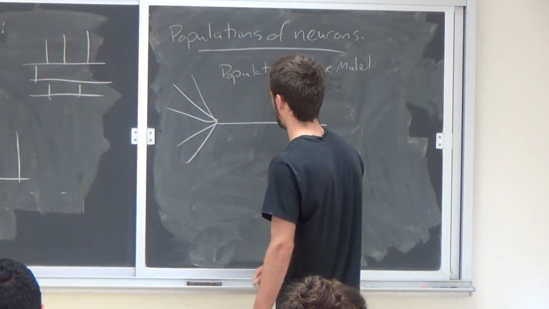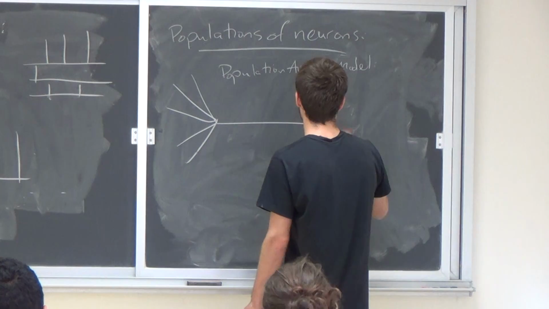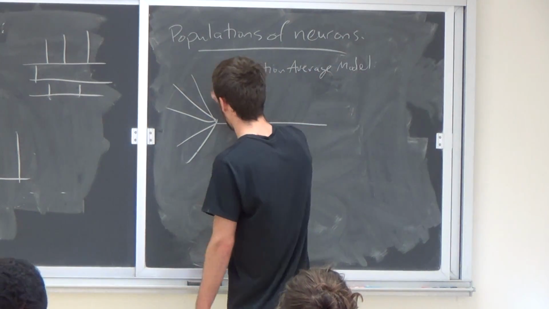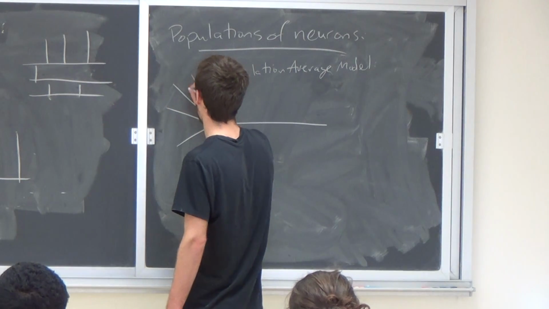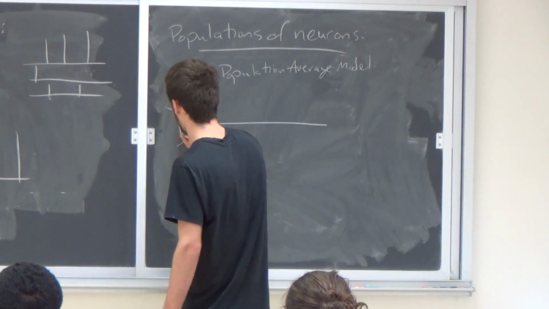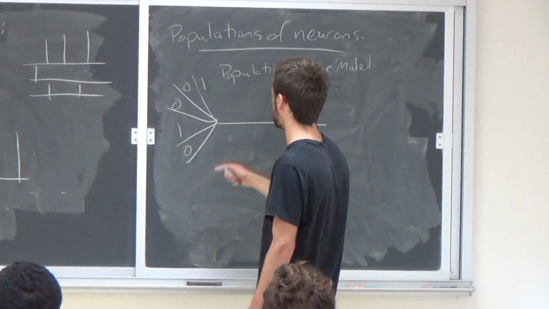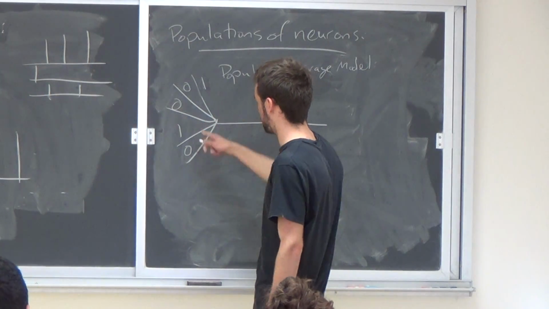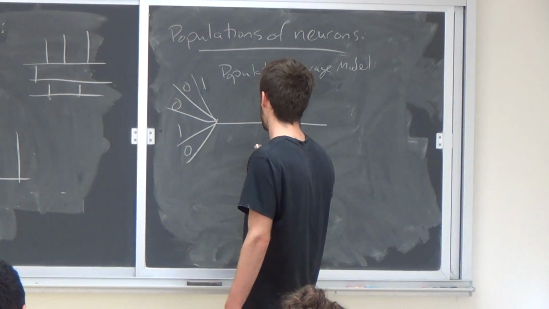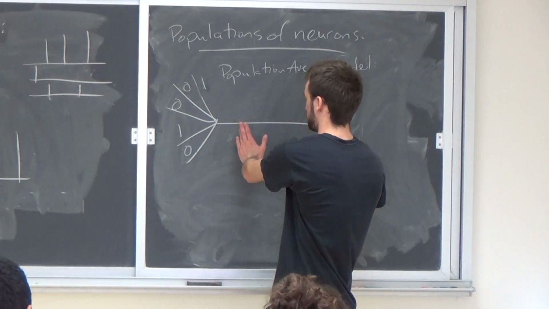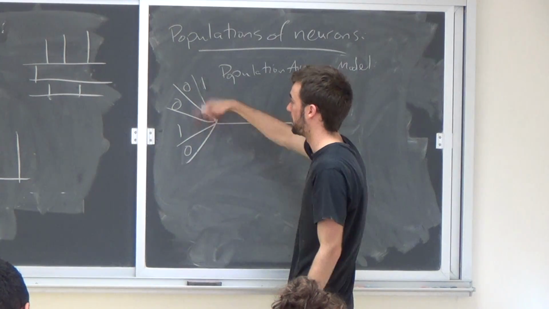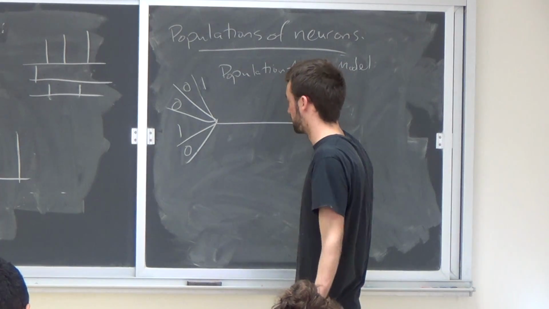What do I mean more specifically? So at a given time point, maybe this guy's firing, this guy's not, this guy is, and this one's not. In which case, the average here is 2 over 5. And say this guy has some sort of threshold: he fires if the average is, say, greater than 50%.